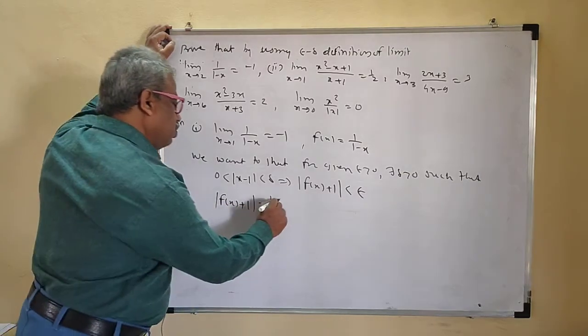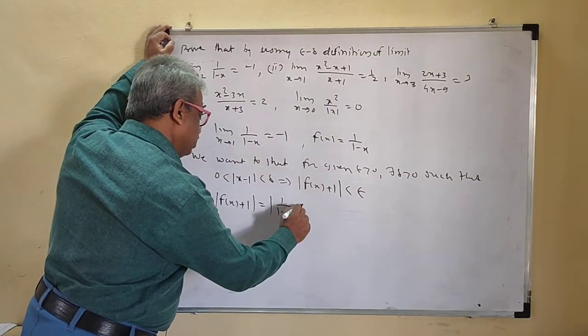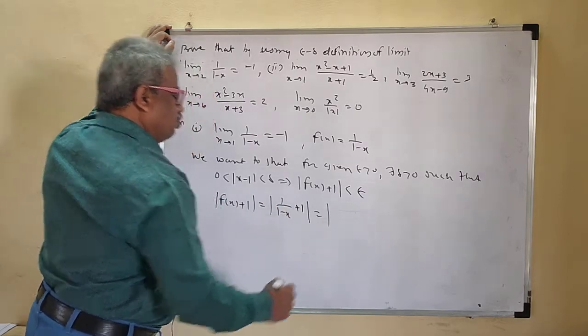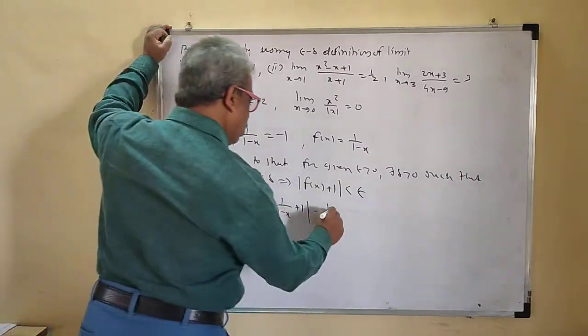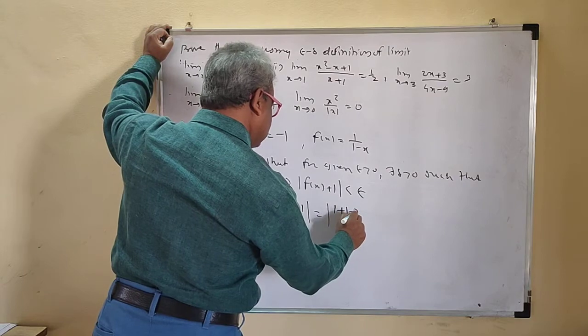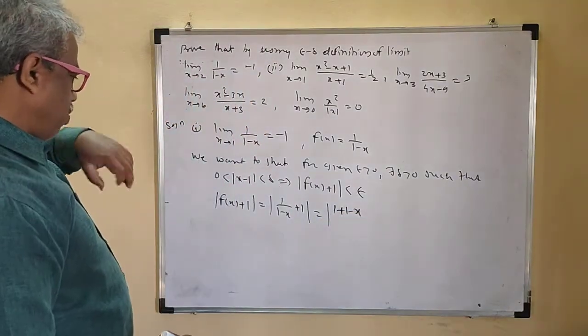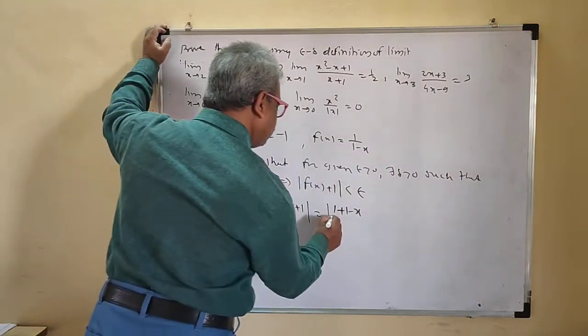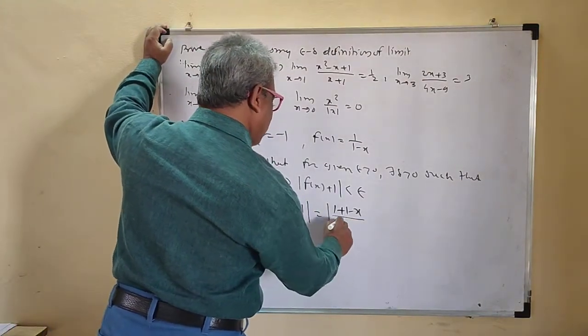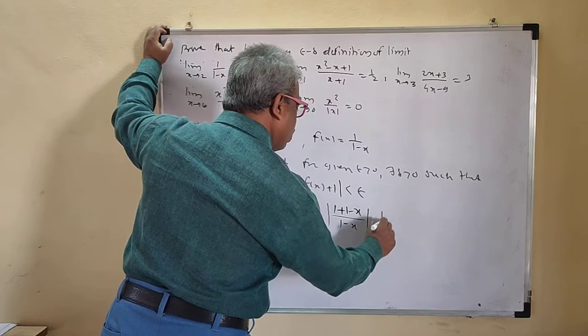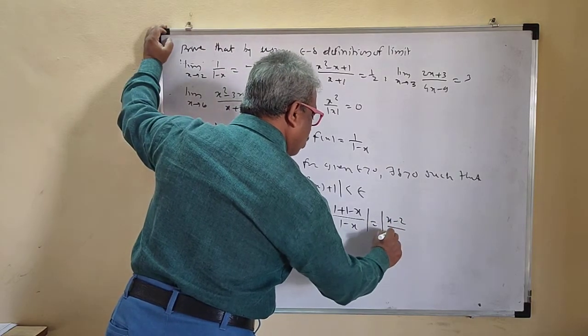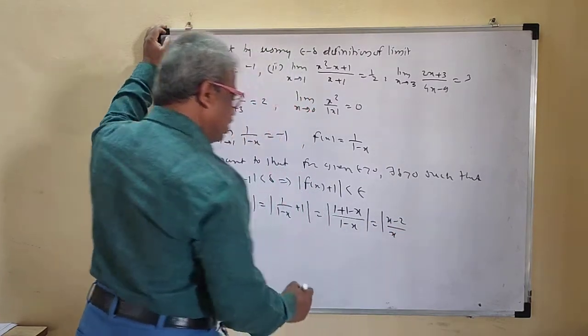What is your f of x? 1 upon 1 minus x plus 1. So this is 1 plus 1 minus x upon 1 minus x. So we can write this as mod of x minus 2 upon x minus 1.